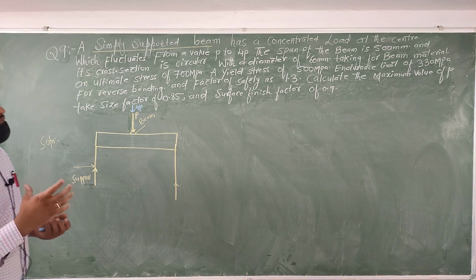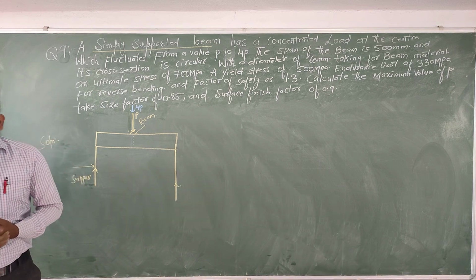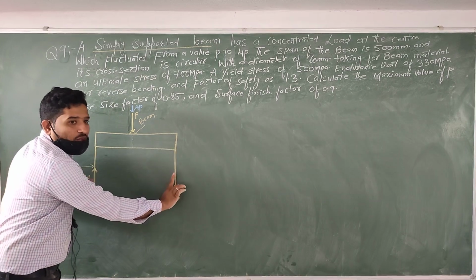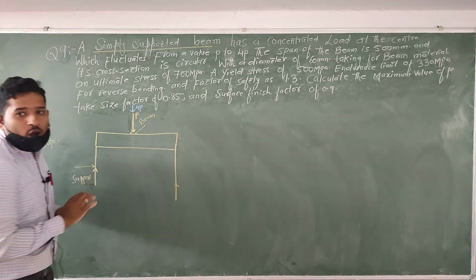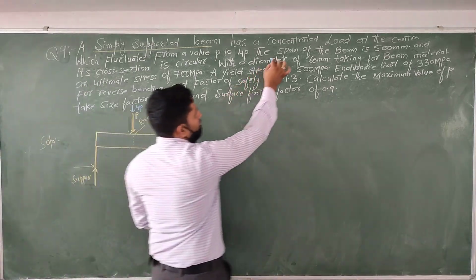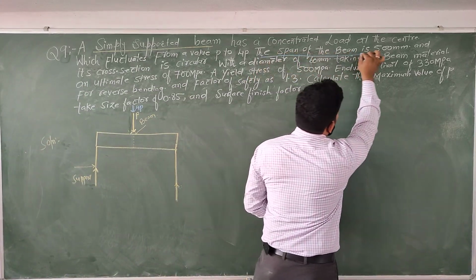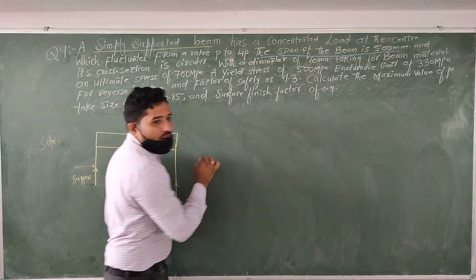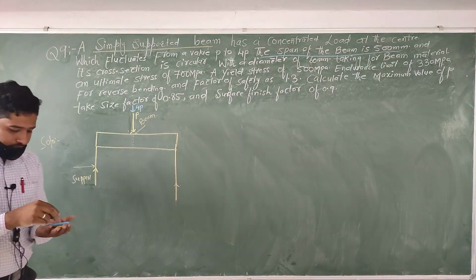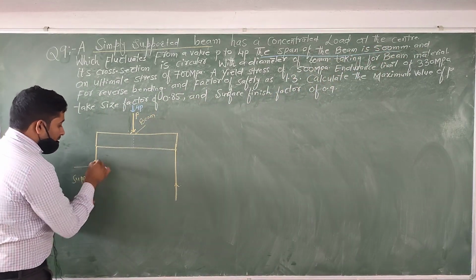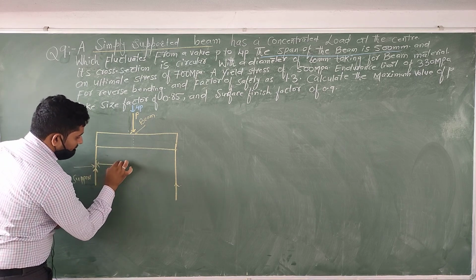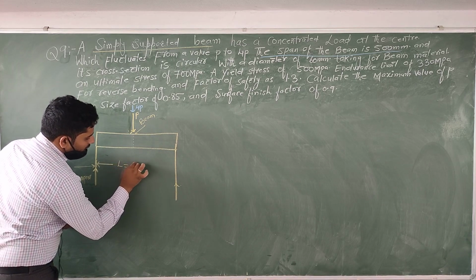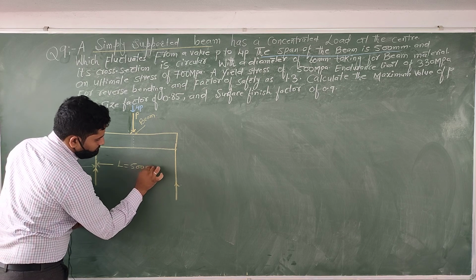The span of the beam is nothing but the total length of the beam. How much is it given? The total length of the beam is L equal to 500 mm.